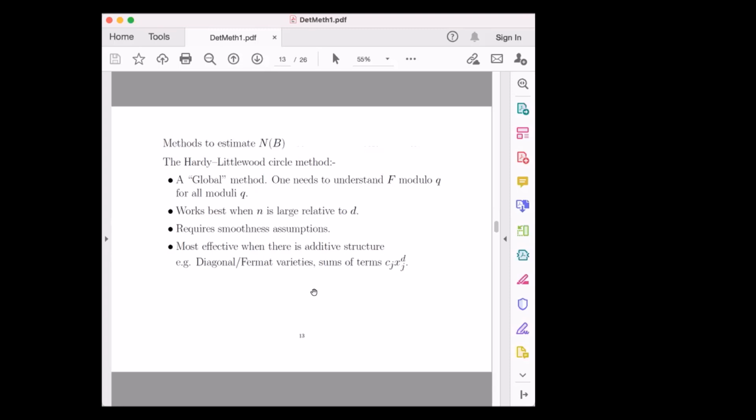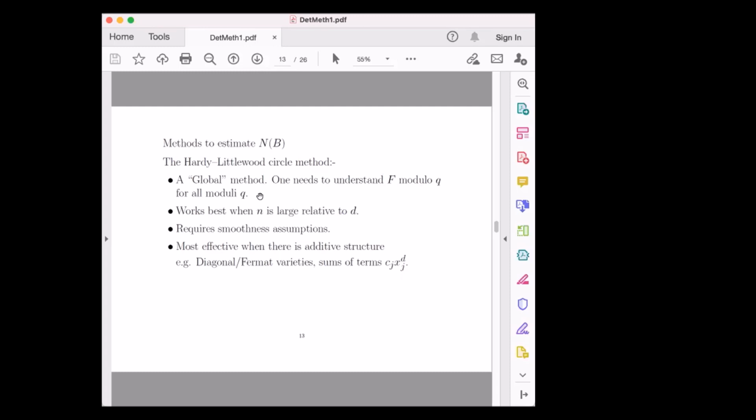Okay. So, what methods do we have available to estimate the counting function? Well, I've already mentioned the theorem of Birch, which was proved by the Hardy-Littlewood circle method. So we're not going to look at the circle method, but its key features are these. First of all, it's a global method. The information input is an understanding of how the polynomial f depends modulo q for all moduli q.